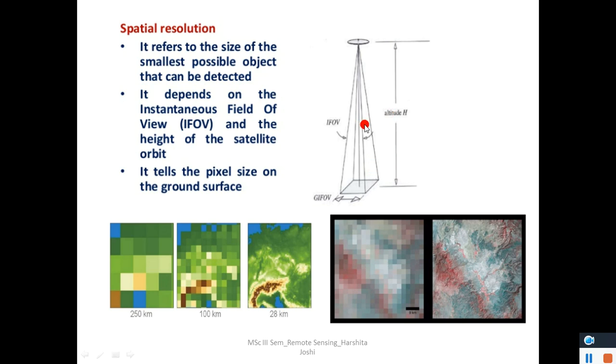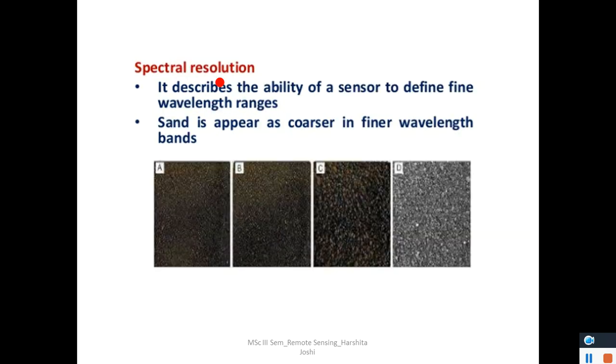If the height is lesser, this IFOV may decrease, right? So what is the spatial resolution? If we try to define it, it refers to the size of the smallest possible object that can be detected in an image, and it depends upon the IFOV. It tells about the pixel size of the ground surface. I hope this is clear.